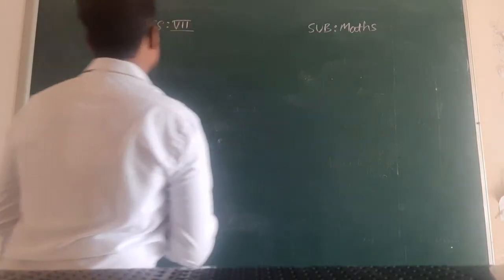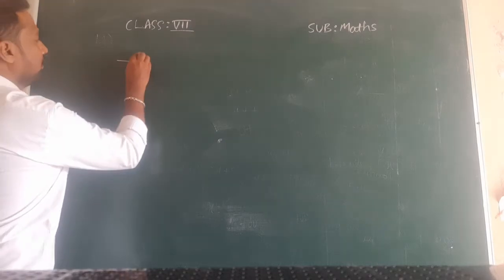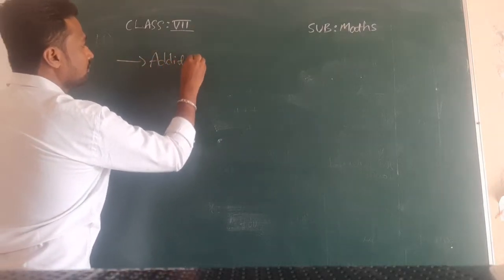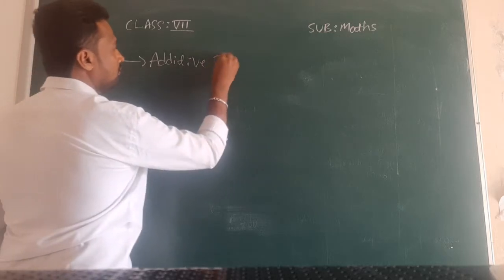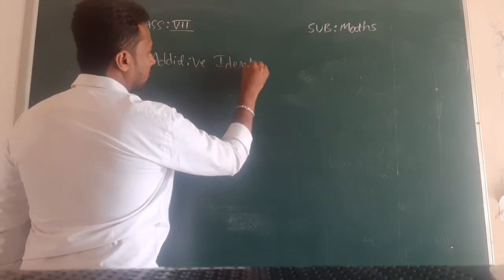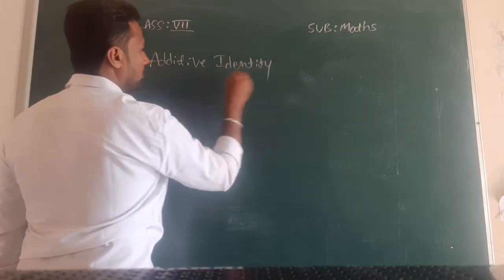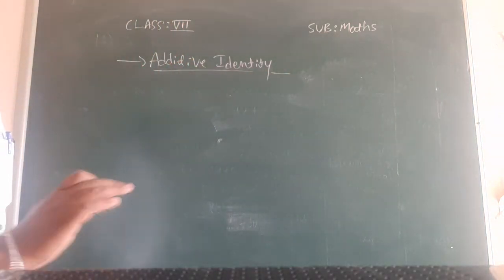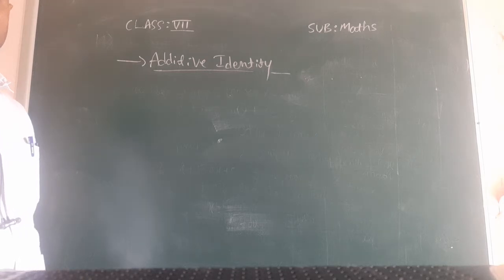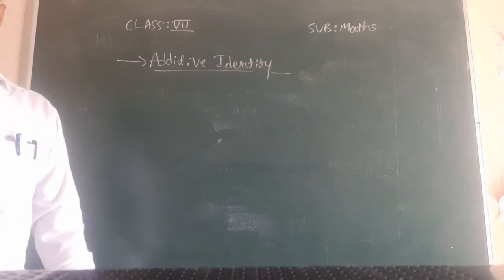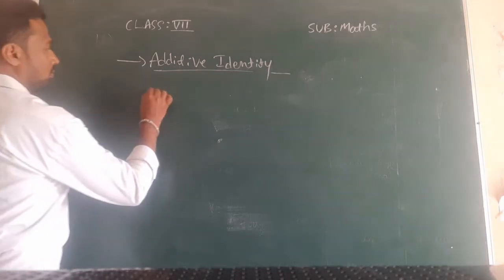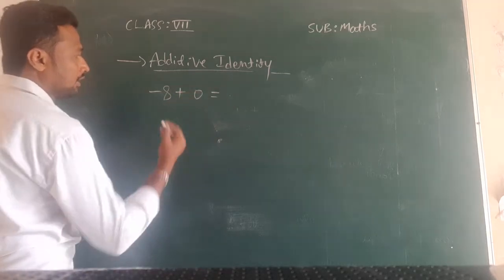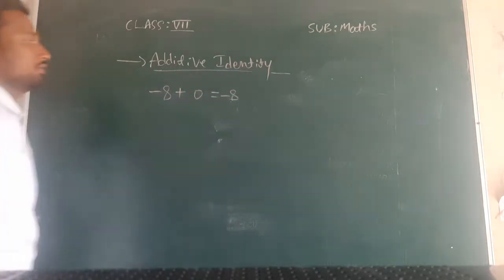So just write the heading additive identity. First I will give you examples so that it will be easy for you to understand. Minus 8 plus 0 means we get minus 8 only.